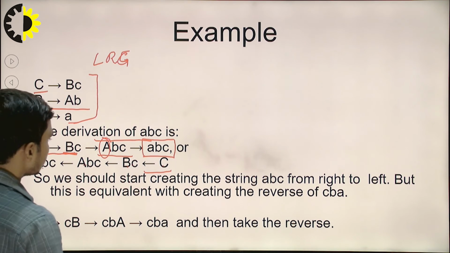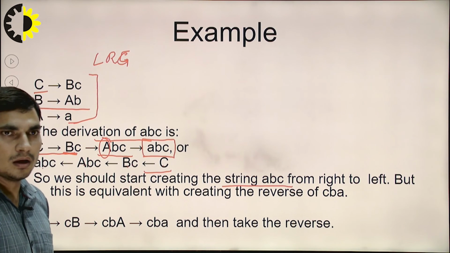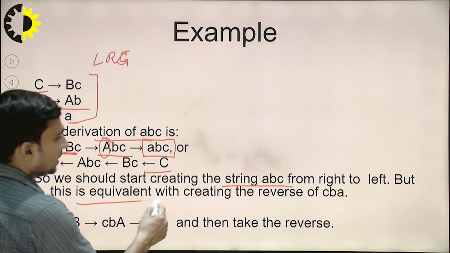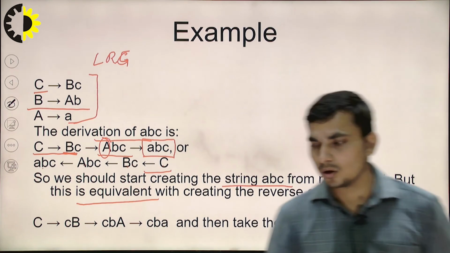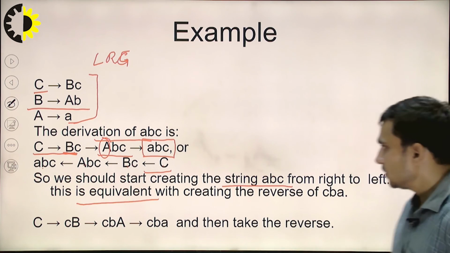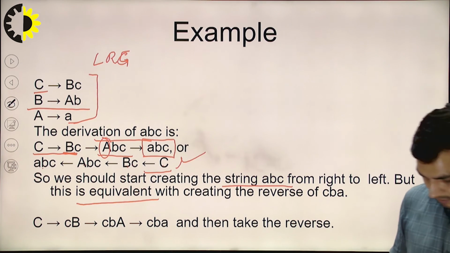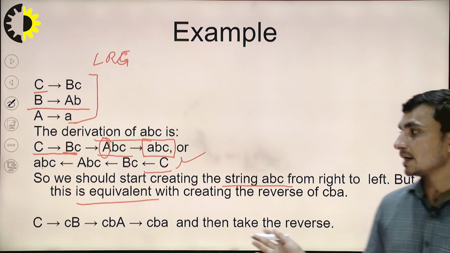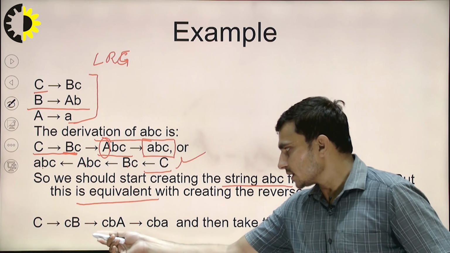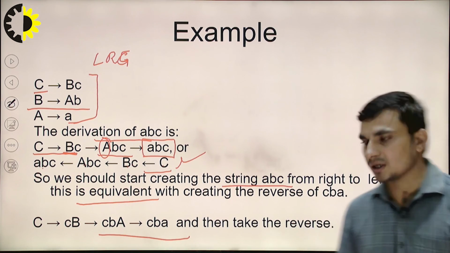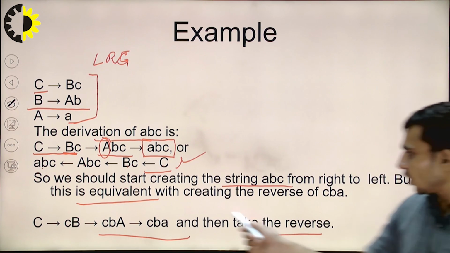So first, we have to start creating the string ABC from right to left, but this is equivalent to creating the reverse, CBA. Let us understand this point. Basically, we are creating the string ABC from right to left. That will be the same as creating the string CBA, which is the reverse of ABC, from left to right, and then taking the reverse of the obtained string.